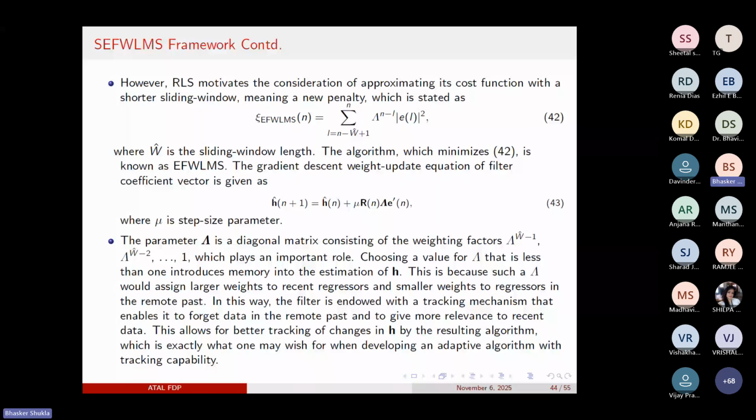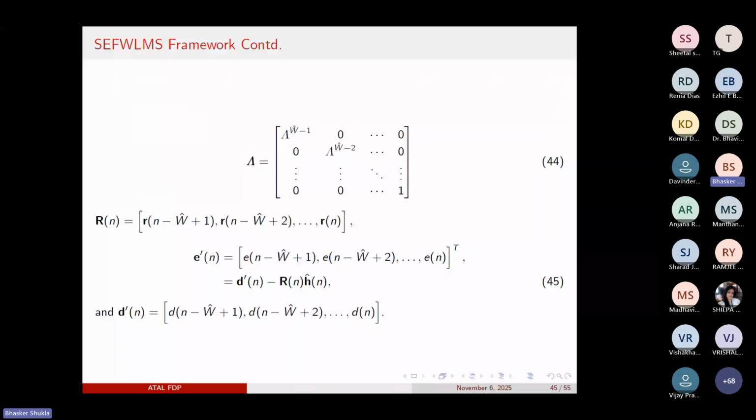So here we have to find delta, which is a diagonal matrix corresponding to the weighting factor delta. Delta is given by equation 44, and R is given by this one.